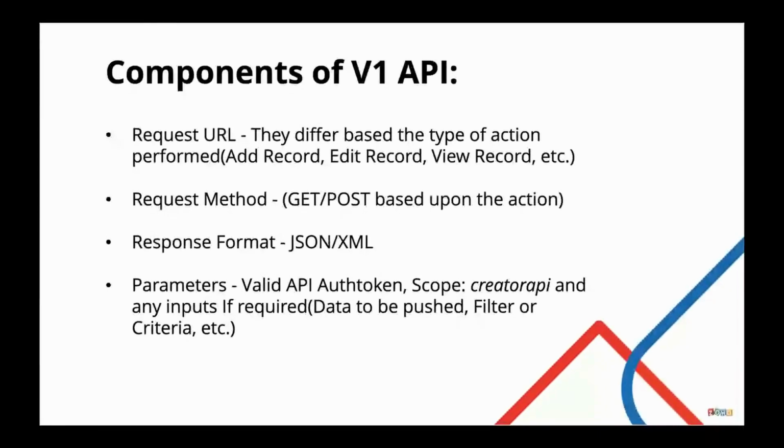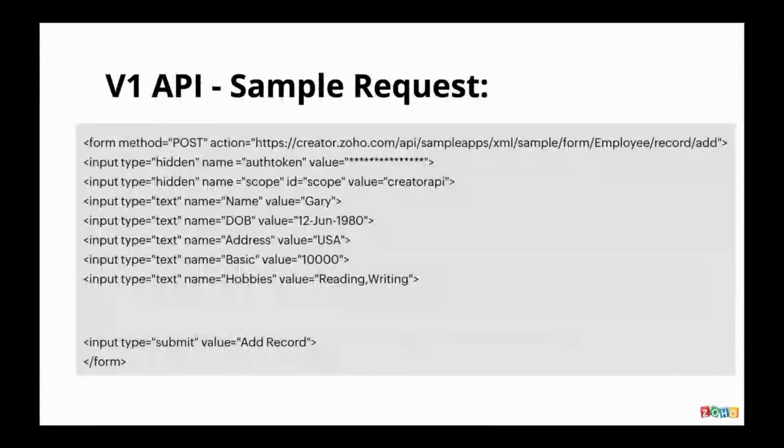And if there are any inputs that you would like to push to a third-party service, or any criteria that you would like to mention or filter based upon which you would like to fetch data from Zoho Creator, you can add those parameters to the request URL. So that's about the components of V1 API. With that, we have a sample request, a screenshot of the request.